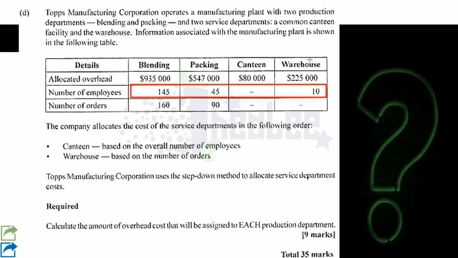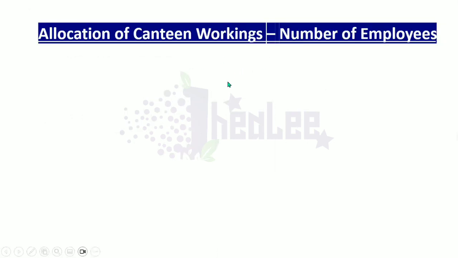We are going to proceed to look at our workings for the allocation of the canteen using number of employees, and we're going to begin with the blending department. So it is 145 employees in that department divided by the total number of employees, multiplied by the cost that we are sharing, and we get $58,000.